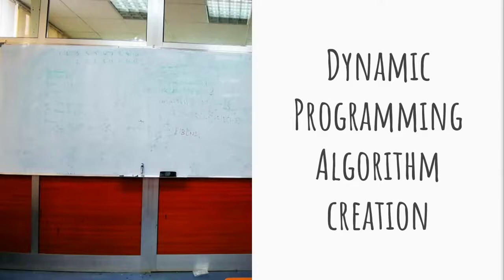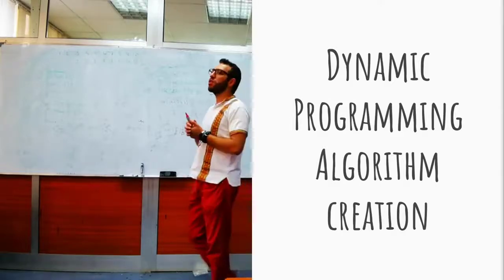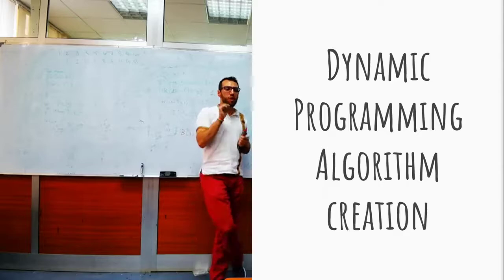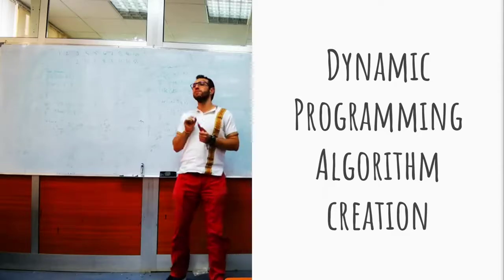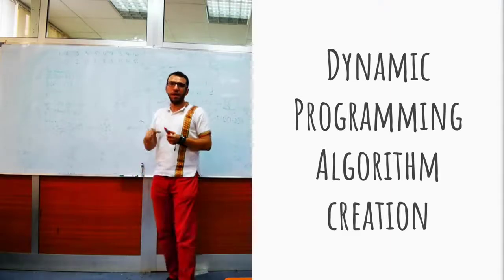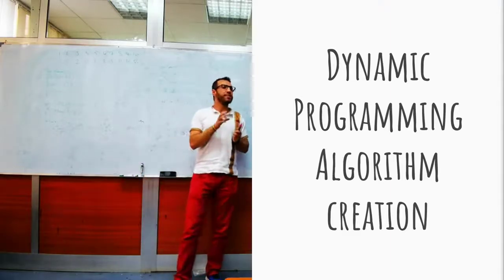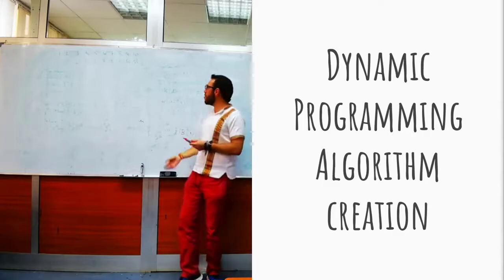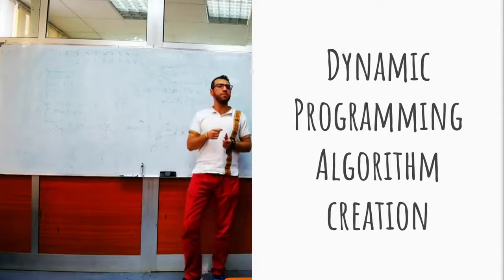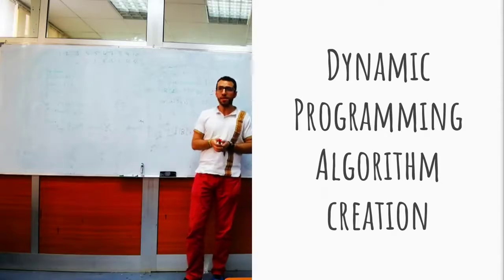Now let's take a look at how we are going to create a dynamic programming solution. The first thing we should do is to characterize the structure of an optimal solution. What does that mean? If we look at the Fibonacci example, this is how we write the recurrence relation for the solution of n. In Fibonacci, fib n is defined as fib n minus 1 plus fib n minus 2, right?